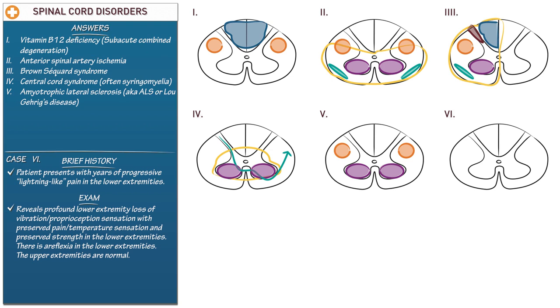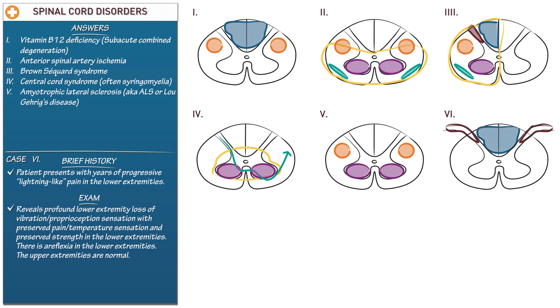Show that the loss of vibration proprioception sensation with preserved pain temperature sensation and preserved motor function suggests posterior column spinal cord involvement. The lower extremity areflexia suggests lower motor neuron involvement, so also show that there is dorsal root involvement.